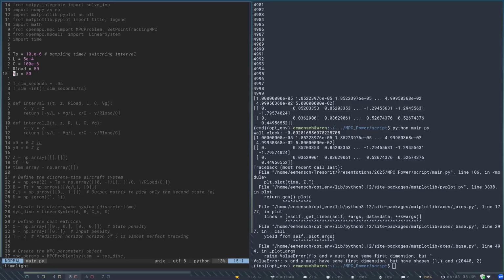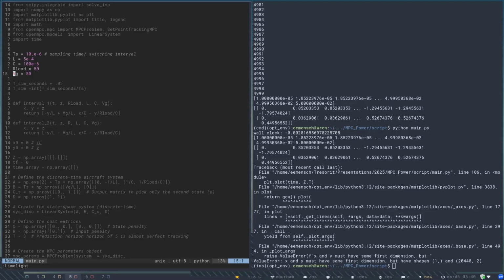So what would be a sensible objective cost function? It would be V minus this Vref, squared, not cubed, over some horizon.